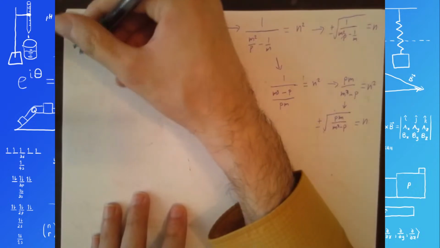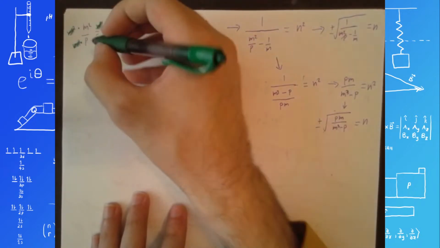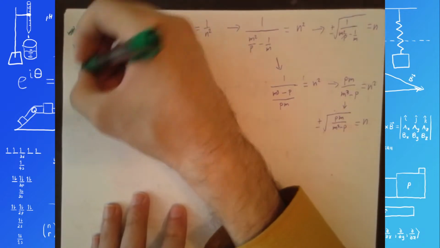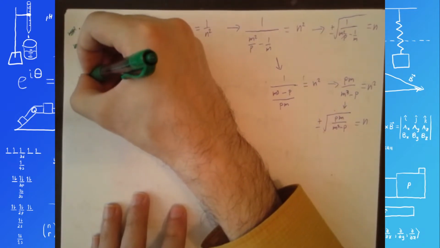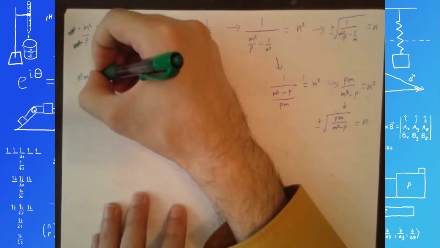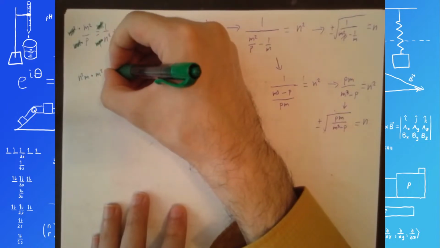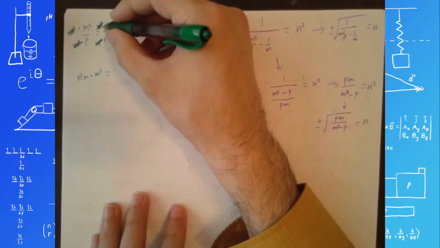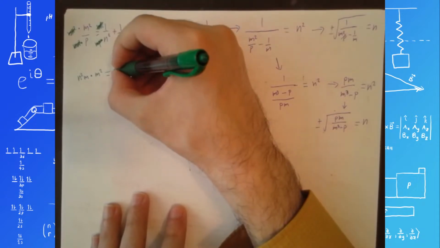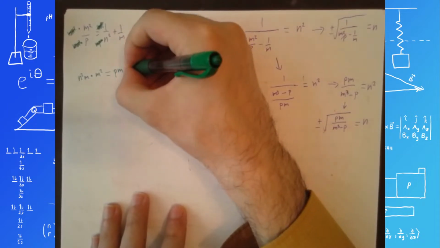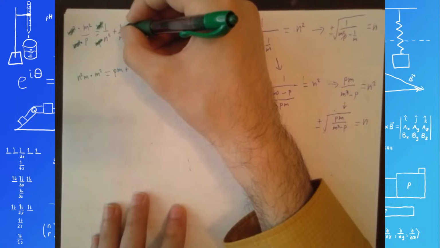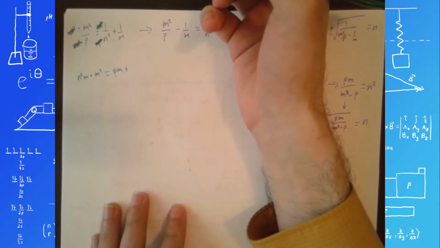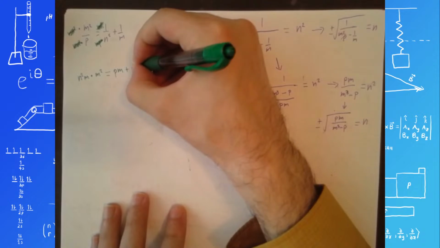p n squared m. So you get p n squared m times m squared over p just becomes n squared m times the original m squared equals p n squared m times 1 over n squared is just pm plus, and then 1 over m times p n squared m is just pn squared.